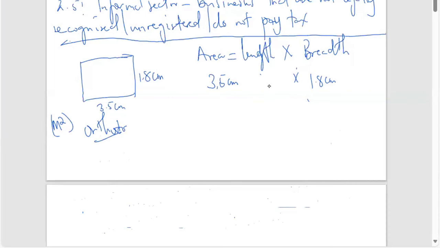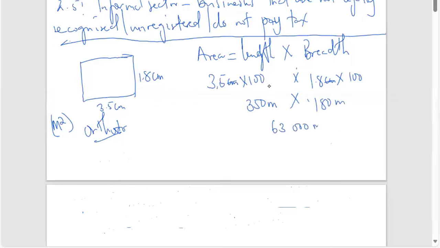If you want to convert this to meters, we multiply by 100 for the length. We also multiply by 100 for the width. We ignore this unit because we are already converting to meters. 3.5 times 100 gives us 350 meters for the length. 1.8 times 100 gives us 180 meters. If we multiply the two, we get 63,000.